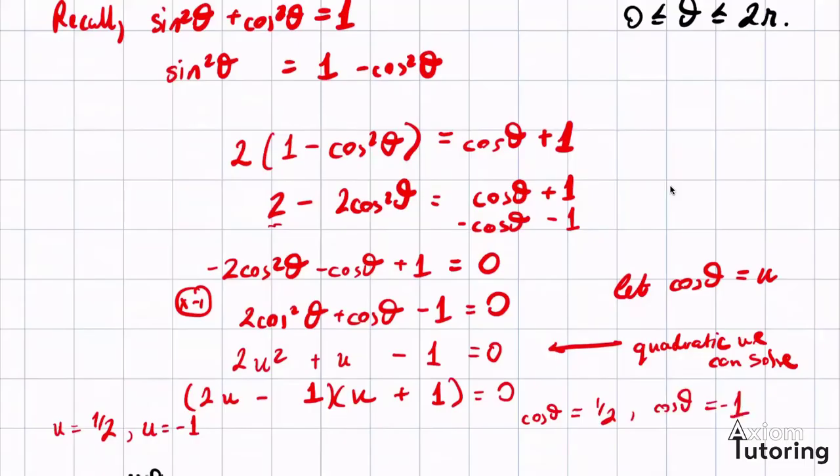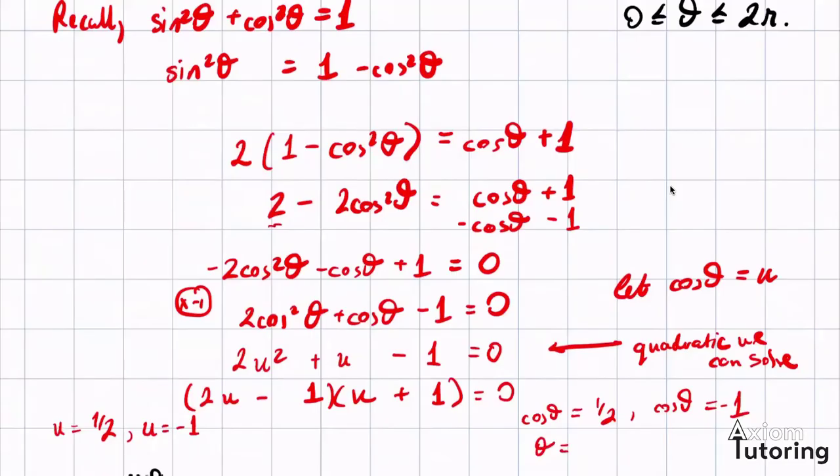So now we're solving cos theta equals a half and cos theta equals minus 1 for values of theta between 0 and 2 pi. Okay, so again, for cos theta equals a half, theta is going to be equal to the inverse cos of 1/2.